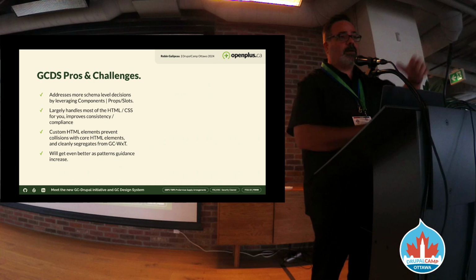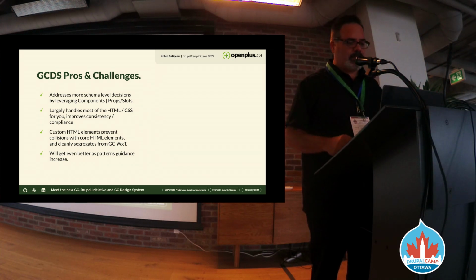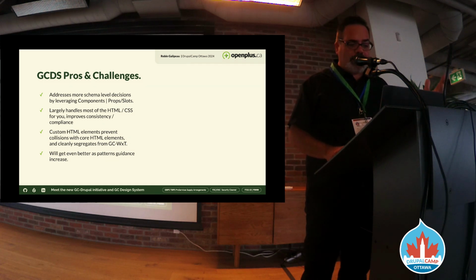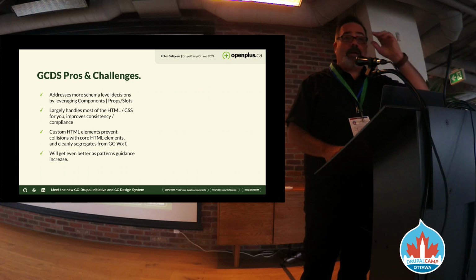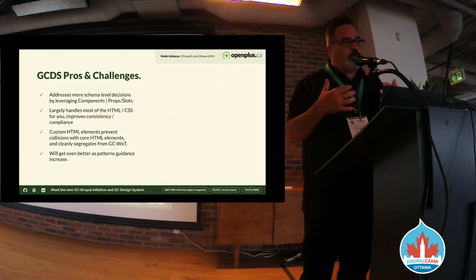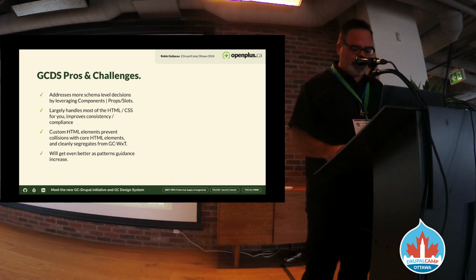So if you've got a bunch of markup, you might not be getting into collisions with your divs and classes, because it keeps the namespaces segregated. And of course, that'll get better and better as more and more patterns come out, right? We're going to see probably hero banners, things of that nature. So components that are more content oriented. Hence why I was picking at alerts and cards as a good example.